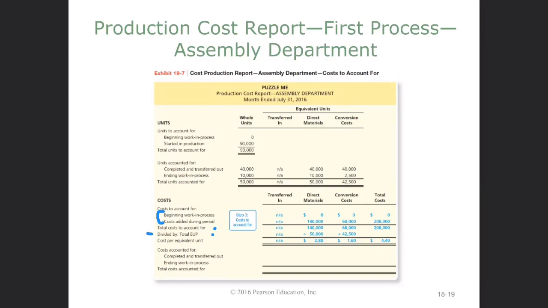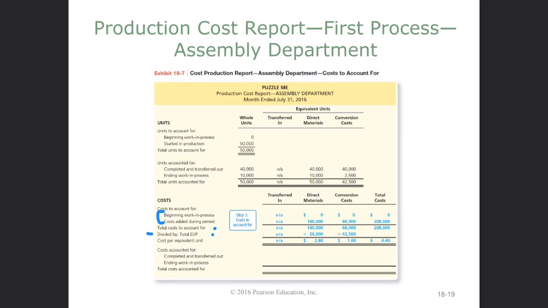So to find the total cost to account for, take the beginning work in process plus the cost added during the period equals total cost to account for. To find the cost per equivalent unit, you're going to take the total cost to account for divided by your total EUP equals your cost per equivalent unit.